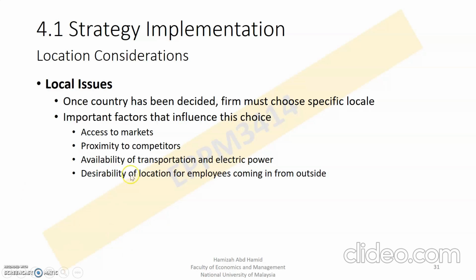First, there were some competitors of Intel already operating in Penang at that time, specifically in that one area where a lot of electrical companies had started to venture. Because of that, there was availability of transportation and electrical power. Imagine the state of Penang and the specific area where Intel is operating in. It's so near to the airport, and that makes the location desirable for employees coming in from outside.